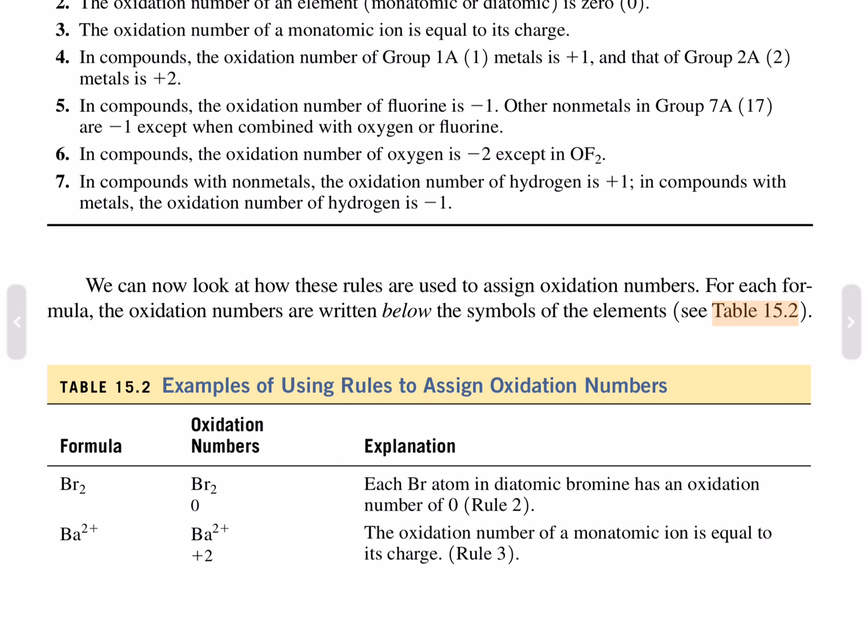We can now look at how these rules are used to assign oxidation numbers. For each formula, the oxidation numbers are written below the symbols of the elements. The oxidation number for bromine is 0 since it's diatomic. For barium, 2+, the oxidation number is positive 2.